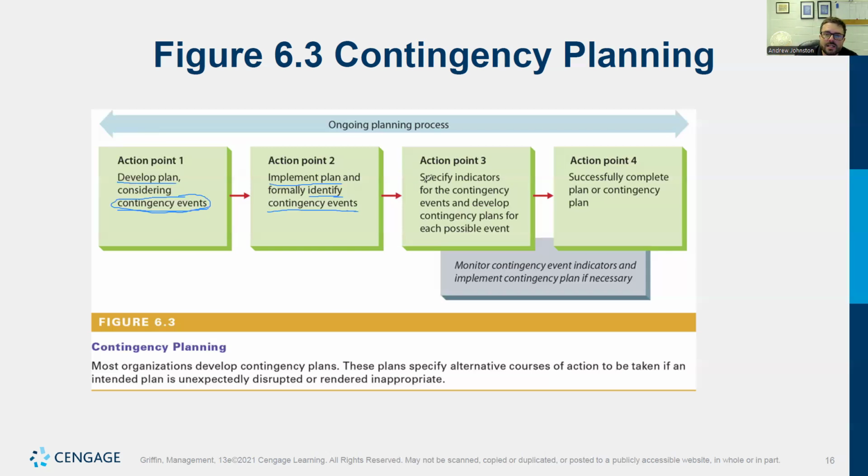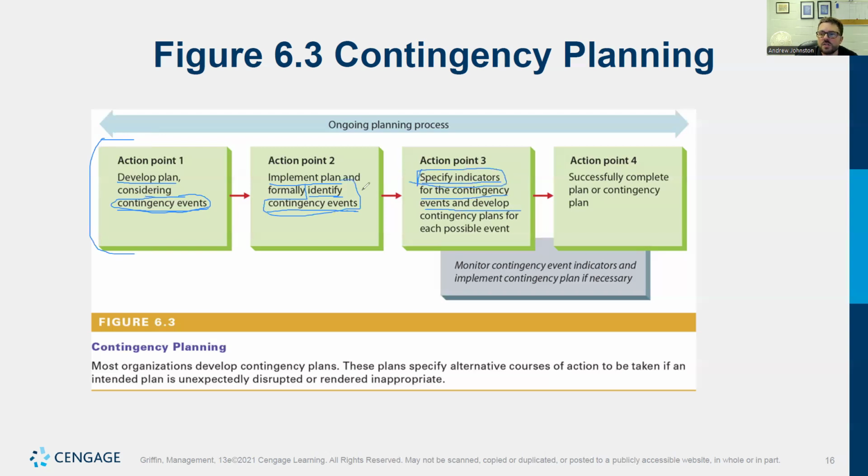Action point 3: how do we know it's happening? What are the signs that this is happening? And this is still at the planning phase. So we've identified the possible things that could happen, and we've formally identified those things. Now we've decided what are going to be the hints that that thing is happening.